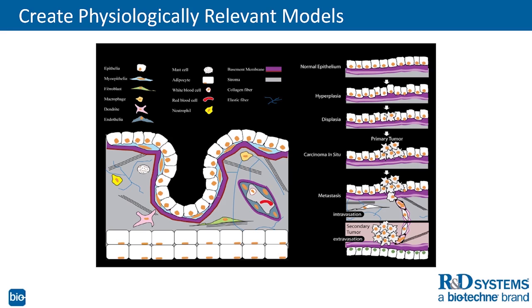Our spheroid proliferation and viability model recreates the primary tumor, such as you see in the carcinoma in situ. Then the spheroid invasion model is reconstructing these very early steps in metastasis, where the cells are invading out of the primary tumor and into the surrounding ECM.